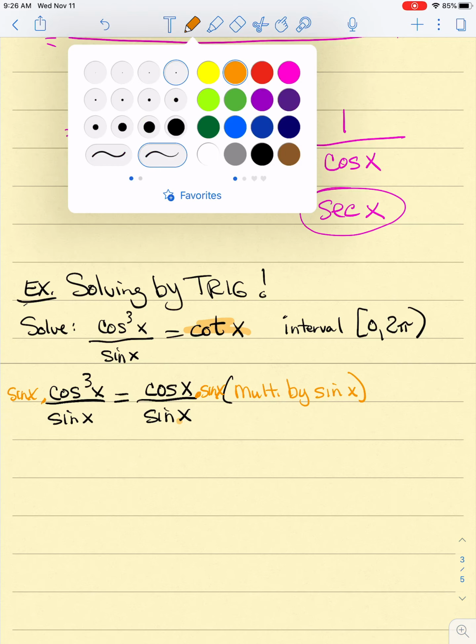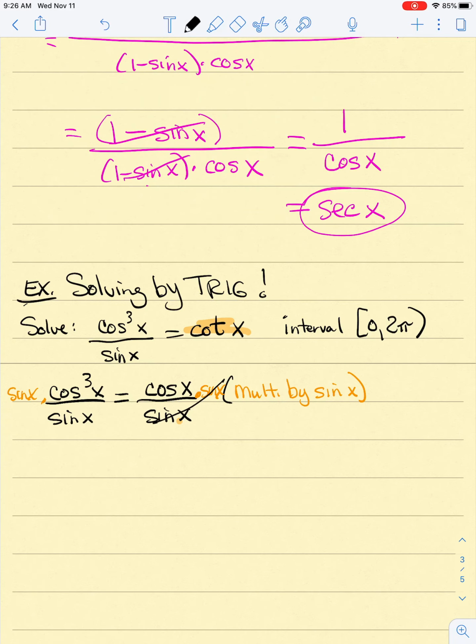All right, so what happens? Well, the sines cancel. Hallelujah. All right, now what? Cosine cubed x equals cosine x. Okay, so we're all in cosine. If you're doing a normal little algebra problem, at this point to solve, you want to get this equation set equal to 0.